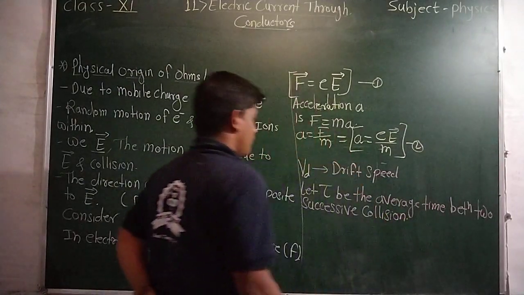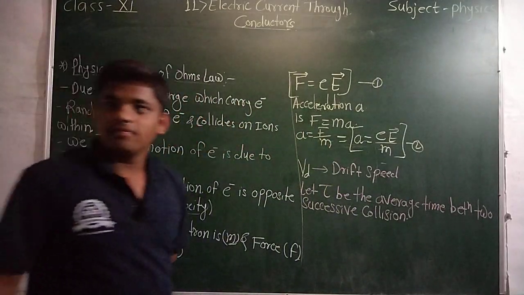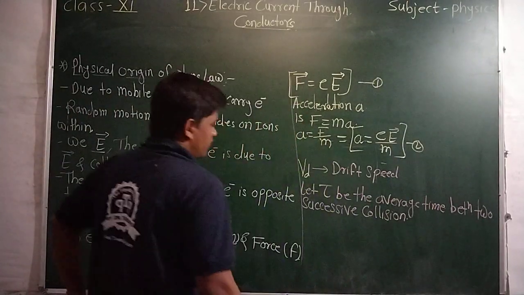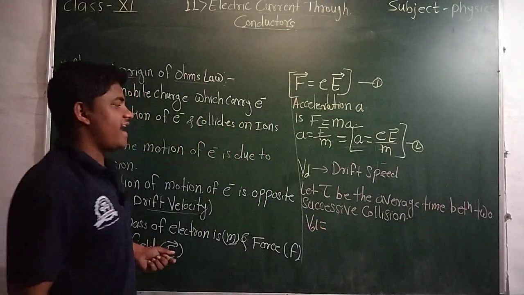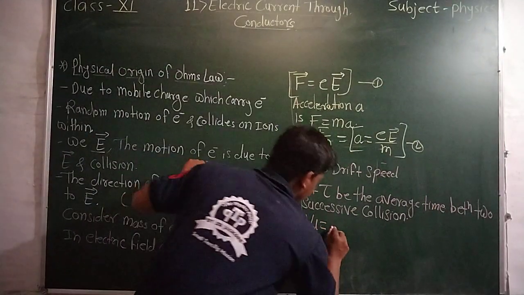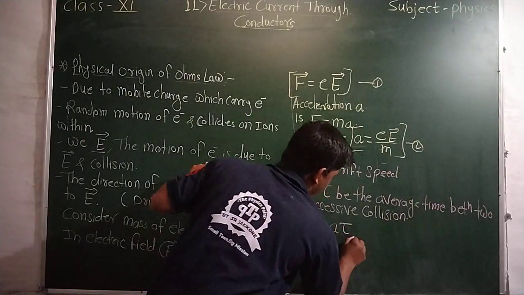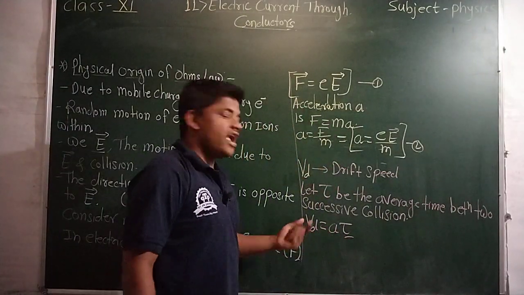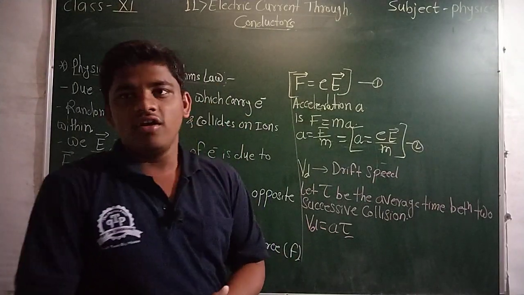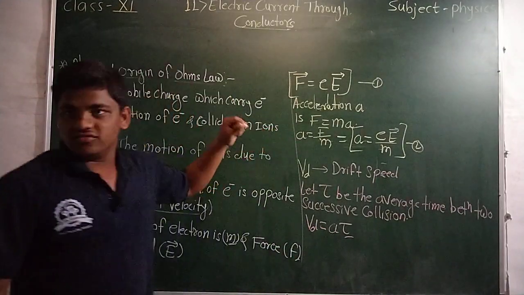Then we know that Vd, the drift velocity, is equal to acceleration into time tau, where tau is the average time of the collisions, a is the acceleration and Vd is the drift velocity of the electrons.